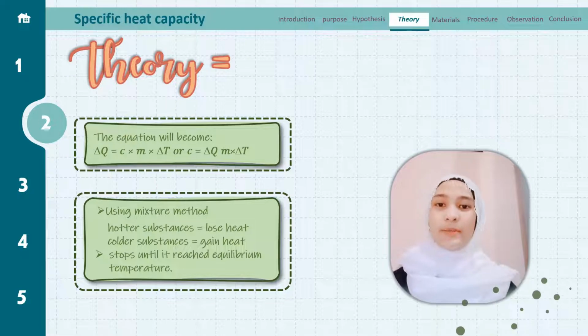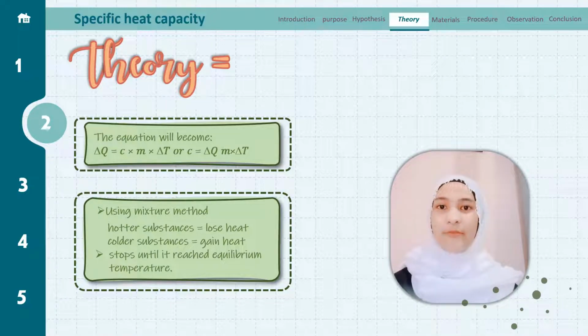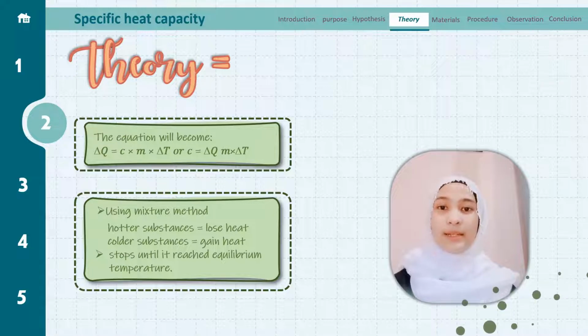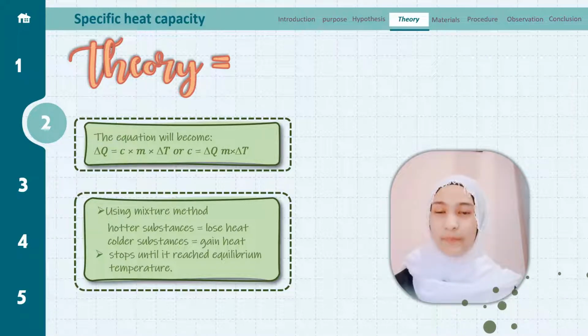If several substances at various temperatures are brought together, the hotter substances will lose heat and the colder substances will gain heat until all the substances reach a common equilibrium temperature. If the system is insulated so that no heat is lost to the surroundings, then by conservation of energy, the heat loss is equal to the heat gain.